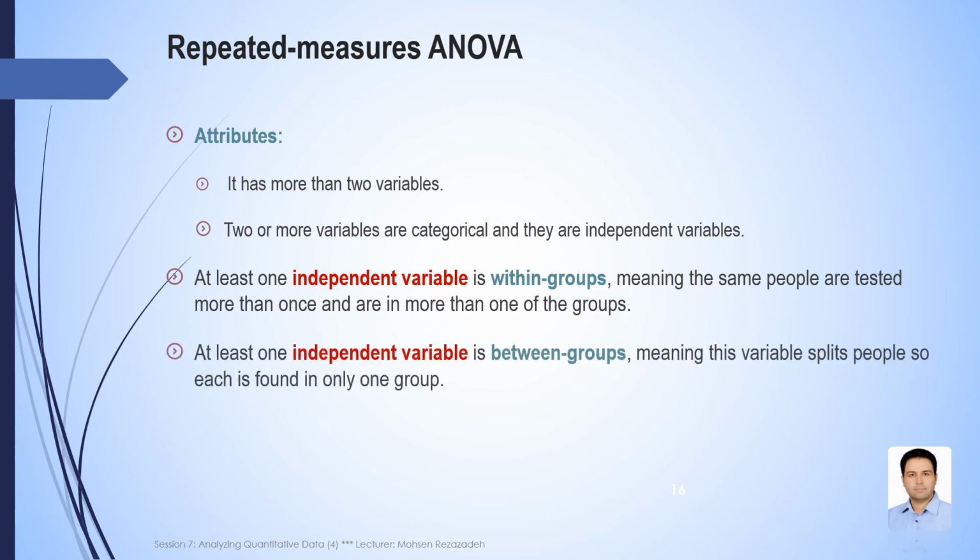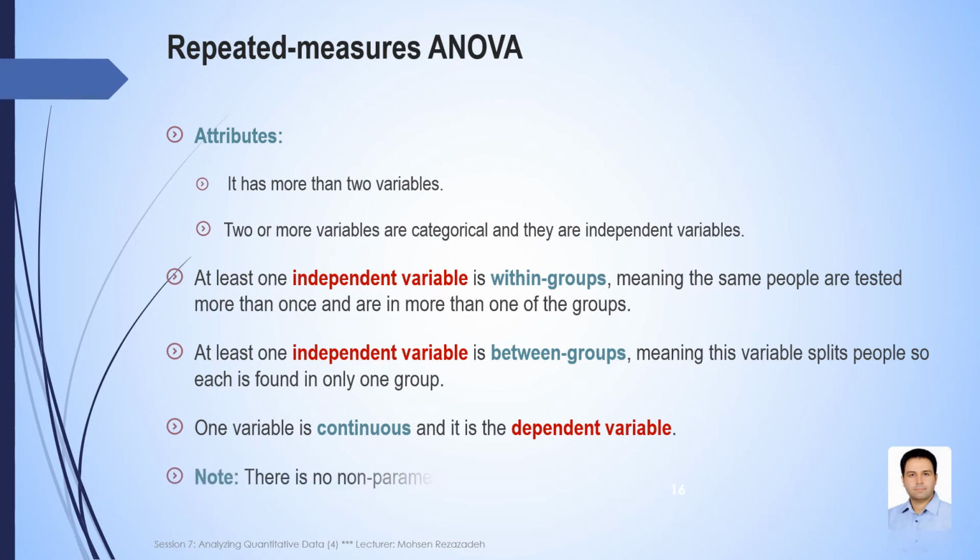At least one independent variable is between groups, meaning this variable splits people so each is found in only one group. One variable is continuous and it is the dependent variable. Note, there is no non-parametric alternative to a repeated measures ANOVA.